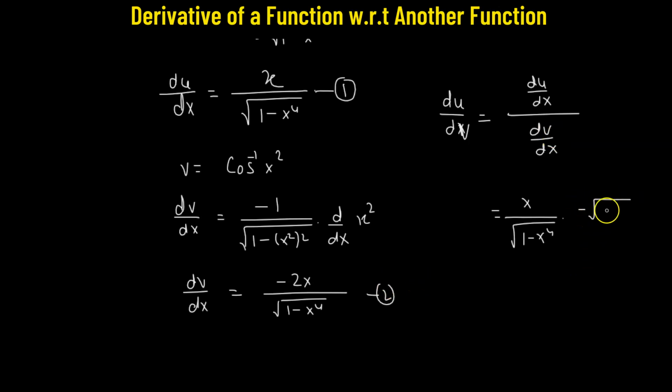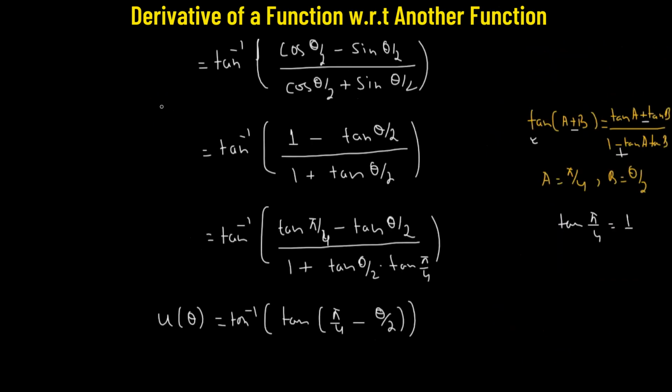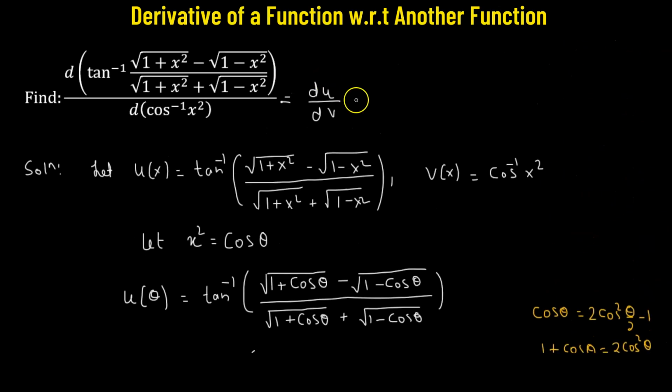So we have negative of square root of 1 minus x raised to the power of 4 divided by 2x. Here x and x get factored out, and the square root of 1 minus x raised to the power of 4 goes away, and this leaves us with negative half. So this is the value of the derivative of u with respect to v. That means the value of our original derivative is equal to negative 1 over 2.